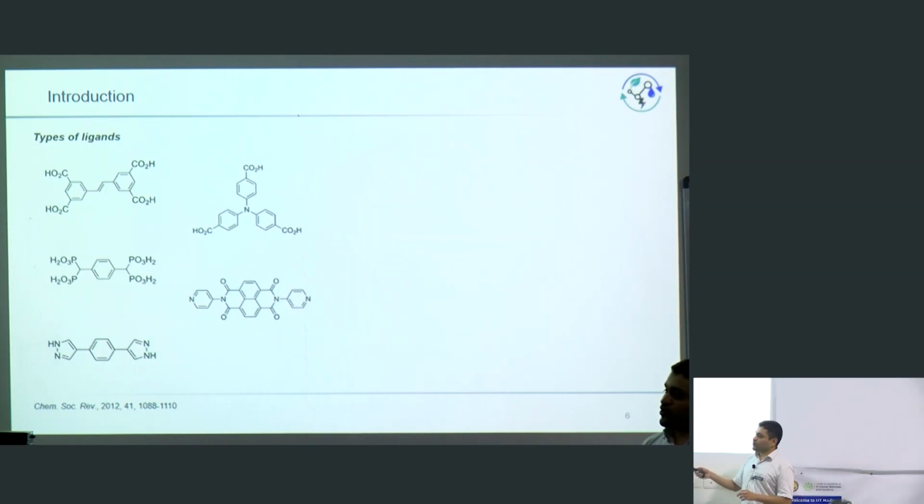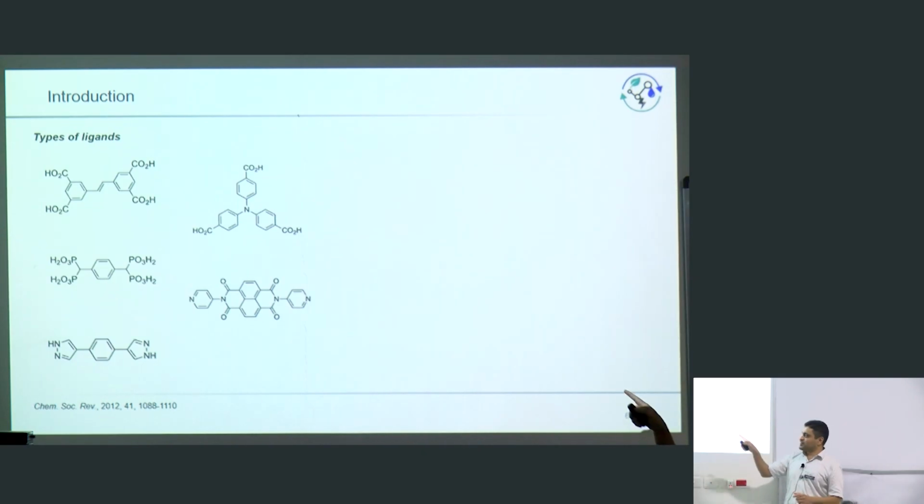Over the years, people have found that carboxylates bind well to all the transition metals. So carboxylates are actually the more popular choice. And recently, people have found that azolate-based systems are actually very good at binding certain metal ions. So azolate-based chemistry has also picked up over the years. And some of the people who have also looked at phosphonic-based chemistry have also seen that these kinds of organic groups are also very useful as organic ligands.